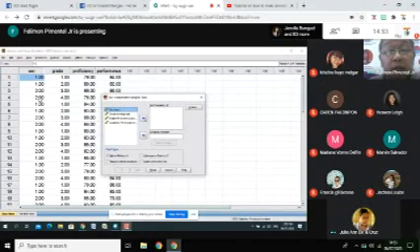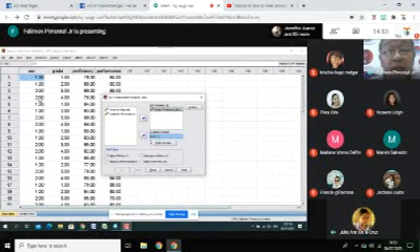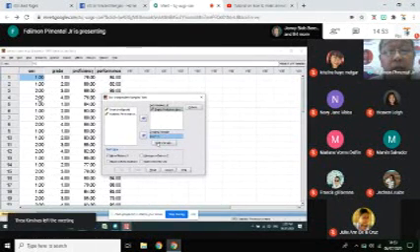Then we go to the test variable list. The test variable list is, of course, the English proficiency. And the sex is in the grouping variable. You also have to click on Define Groups.